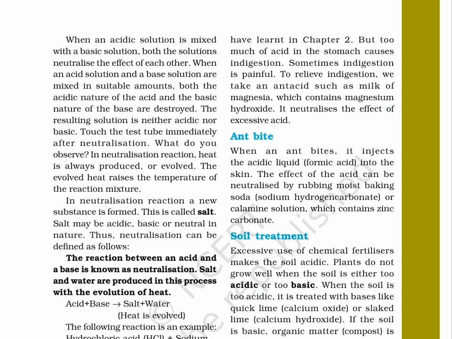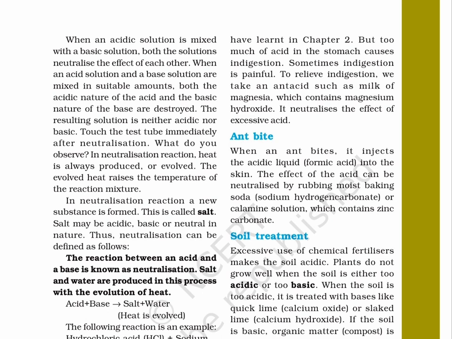The resulting solution is neither acidic nor basic. Touch the test tube immediately after neutralization. What do you observe? In neutralization reaction, heat is always produced or evolved. The evolved heat raises the temperature of the reaction mixture.